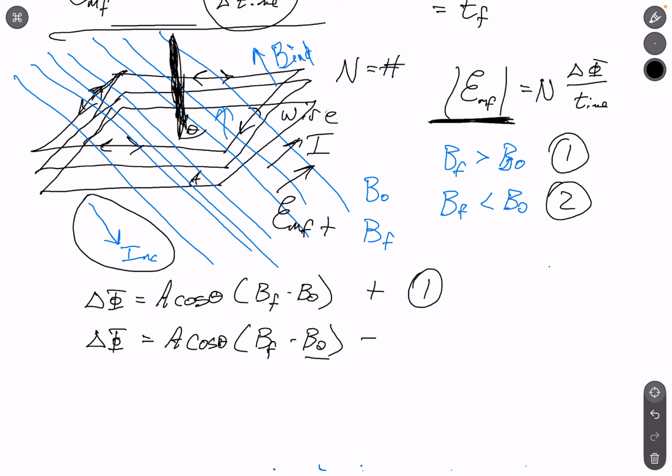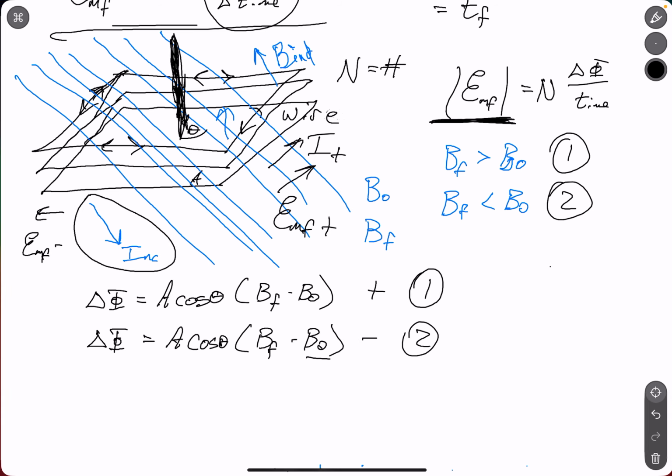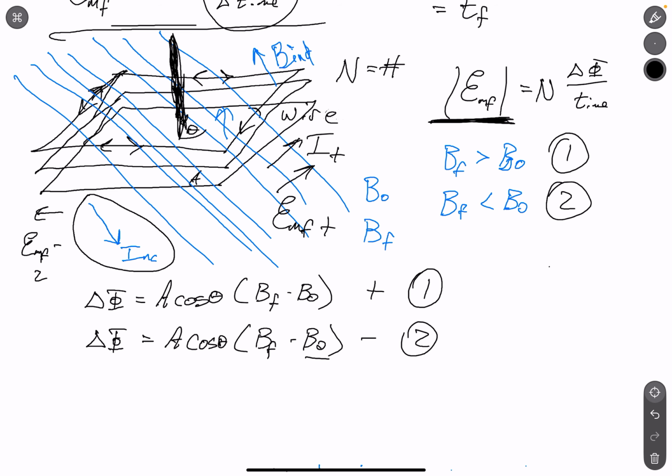So this is case 1, this is case number 2. There's only one other option, right? It has to be less. It has to go the other direction. So these are I plus and EMF plus, and of course EMF minus goes that way, or case 2, however you want to think about it. And our current also goes in that direction. Goes around the corner here.